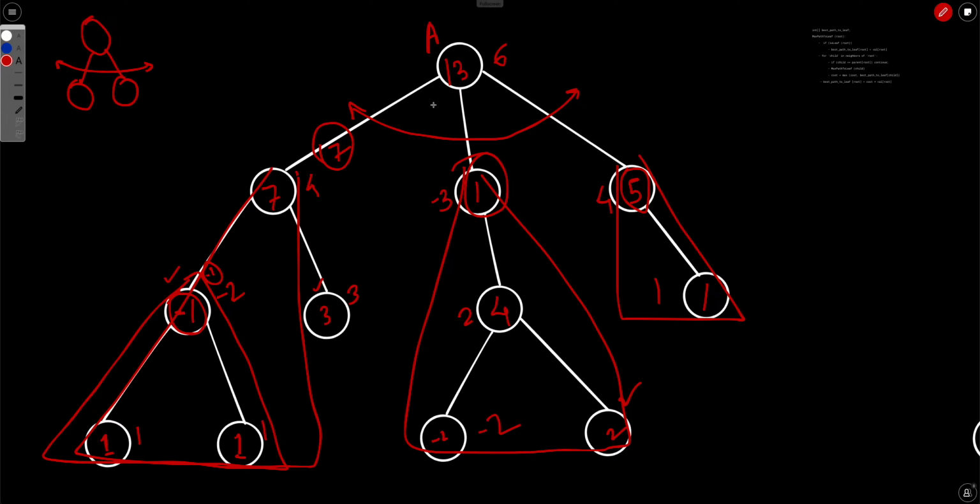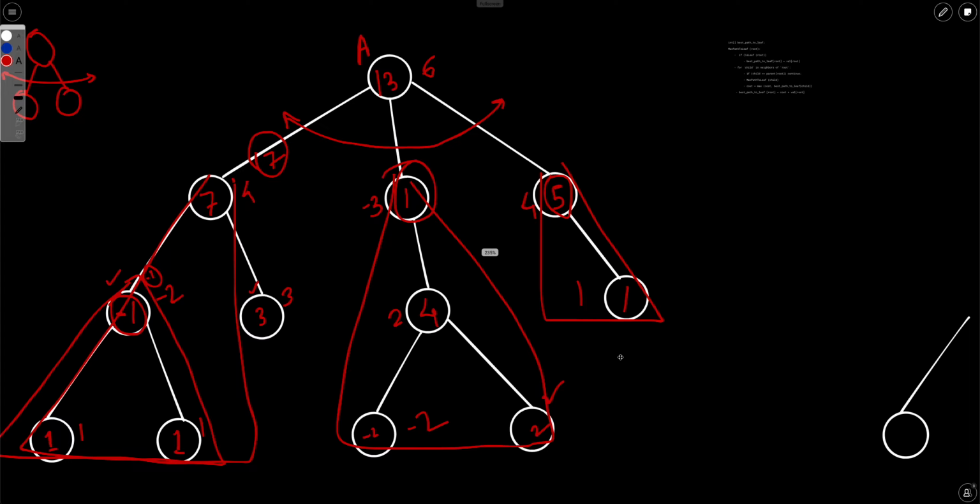So now solving the problem for a particular root x means solving the problem for each of the child nodes first. And once you have the value for each of these child nodes, you can forget about all the subtree because you can replace the subtree with that particular node value and just take the maximum across those values.